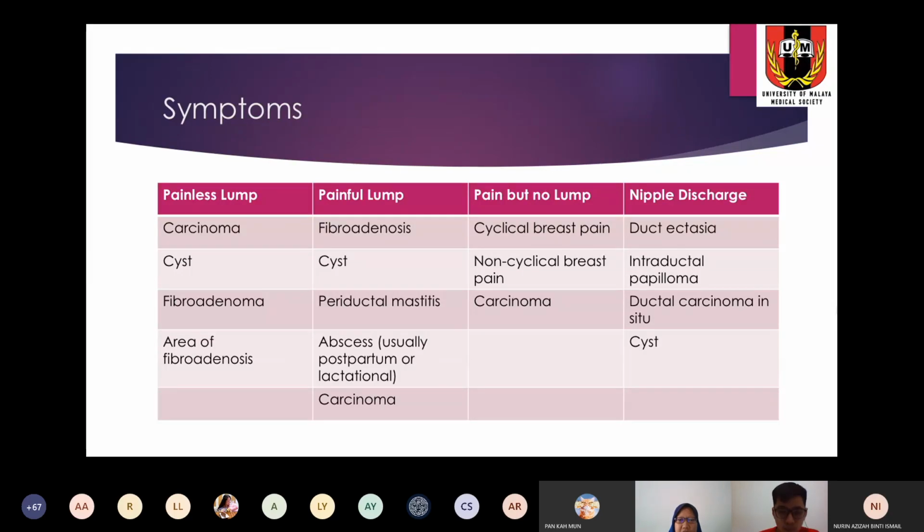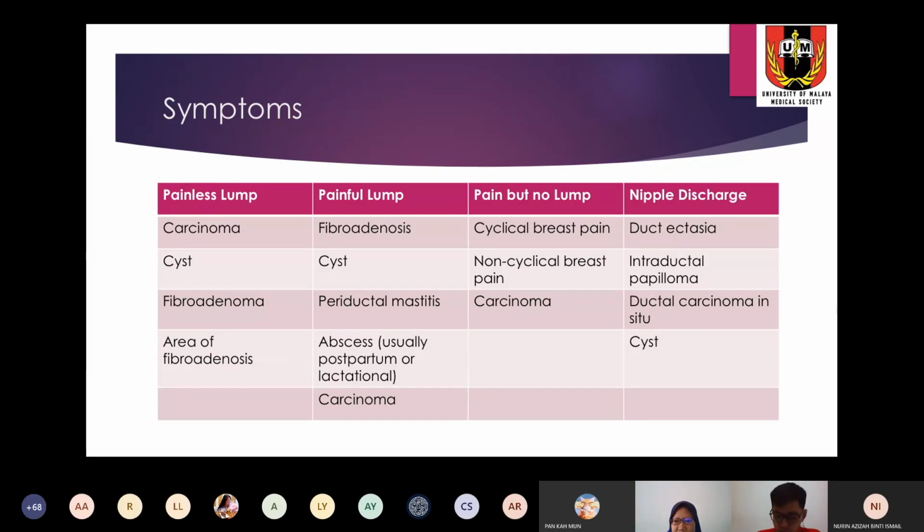But most of the time, when you give a differential diagnosis, you won't say aberration of normal development. You will say my differential diagnosis would be fibroadenoma. Those kinds of things you should know.